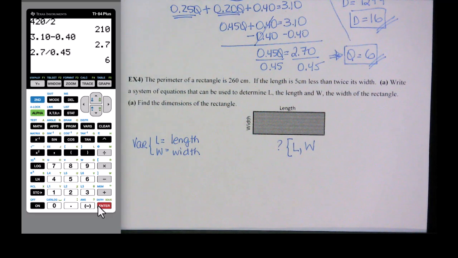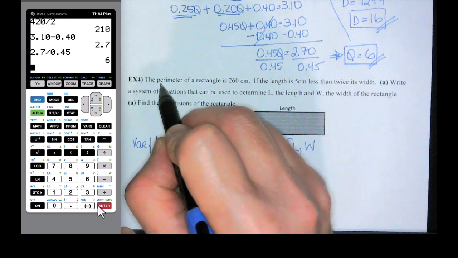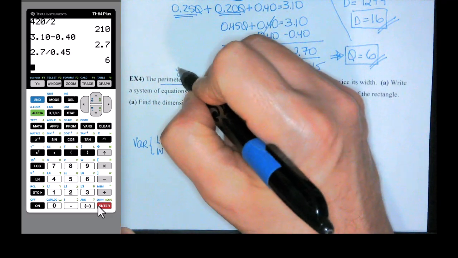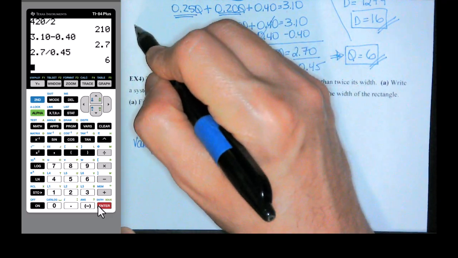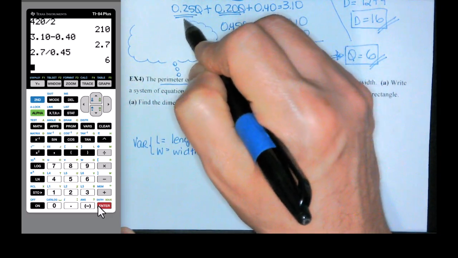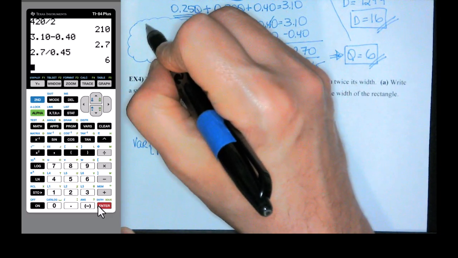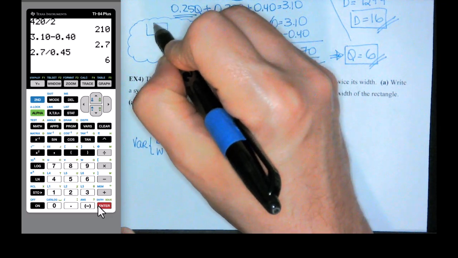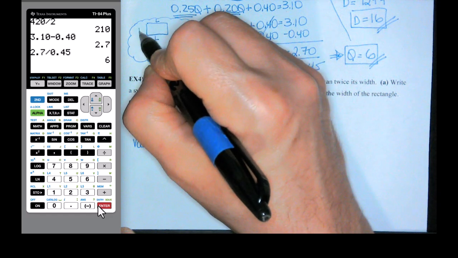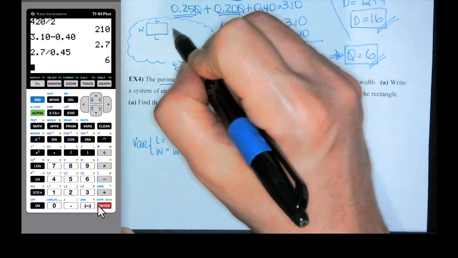Very good. Now, the problem says the perimeter of a rectangle. Anytime you see the word perimeter of a rectangle, I need you to remember what perimeter is. If you remember, perimeter is the sum of all sides. On a rectangle, you usually have length and length here, and width and width.